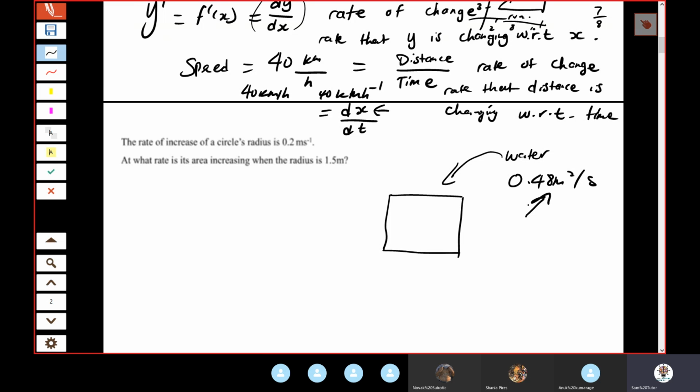What would this rate be? How would you describe this rate? It's the rate of change of what? What's changing? And with respect to what? Just take a guess. Anouk, do you want to take a guess?